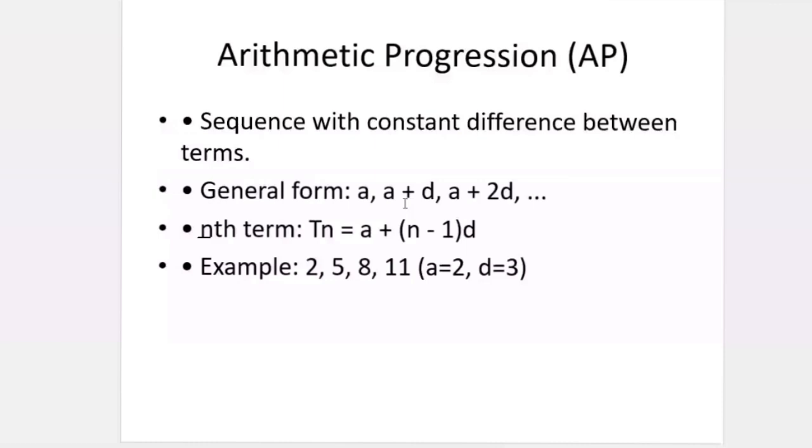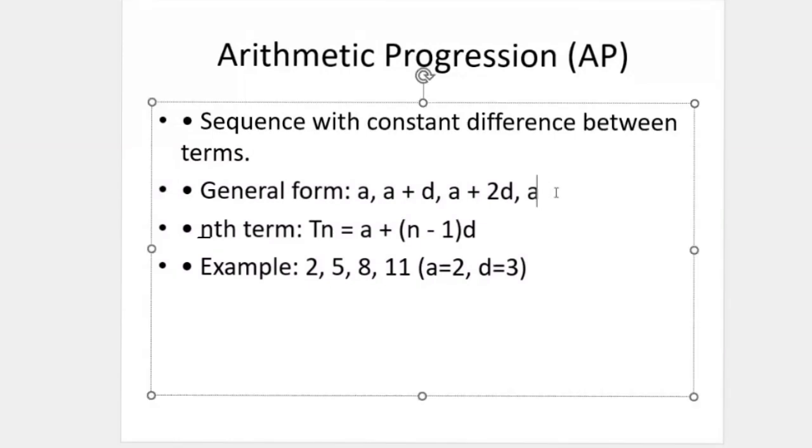In algebra, that's A plus 2D. So we are seeing that the first term is A, the second term is A plus D, the third term is A plus 2D. Now, if I were to continue this further, my fourth term will be A plus D plus D plus D, which is A plus 3D. My fifth term will be A plus D plus D plus D plus D, up to 4D.